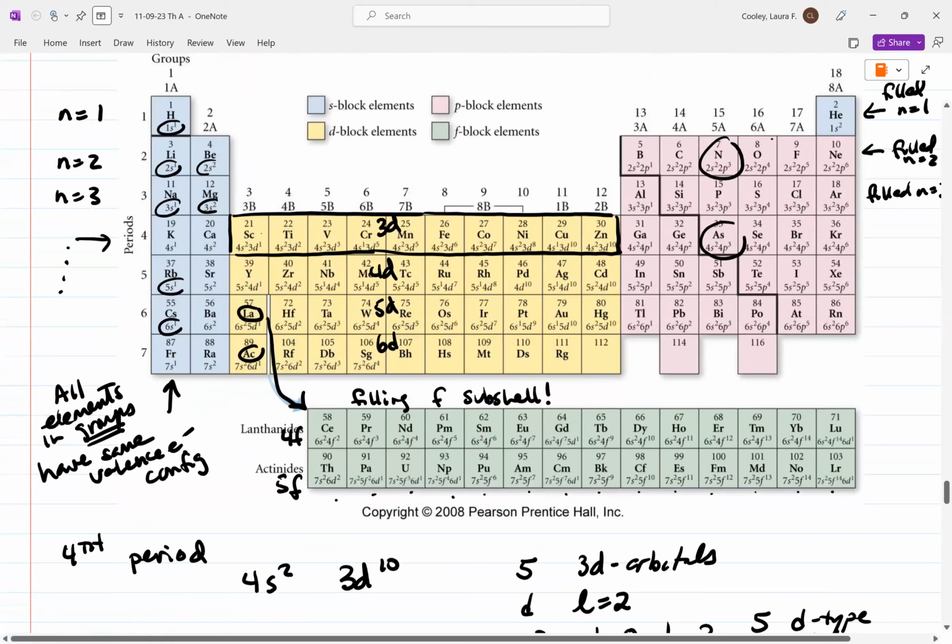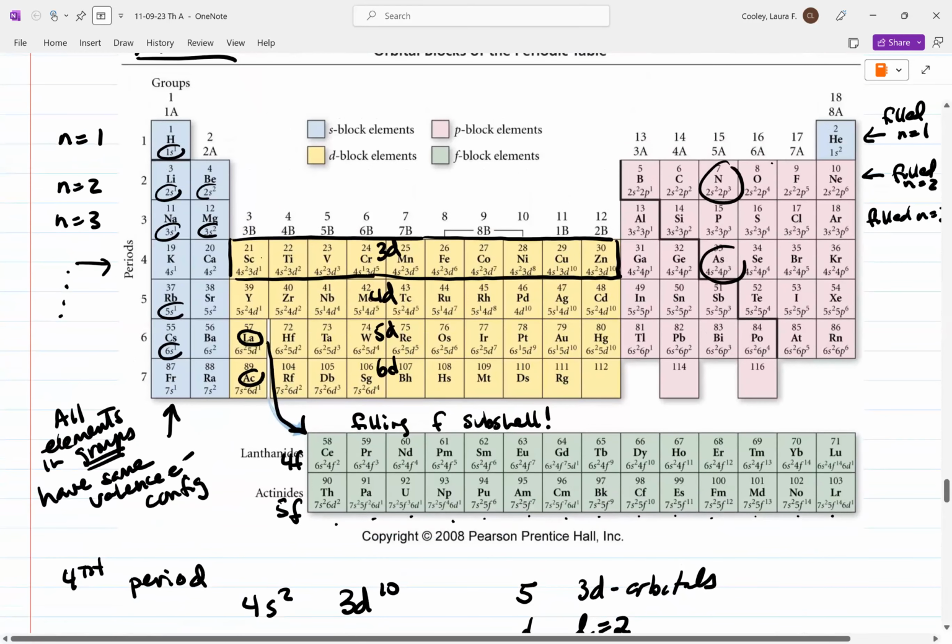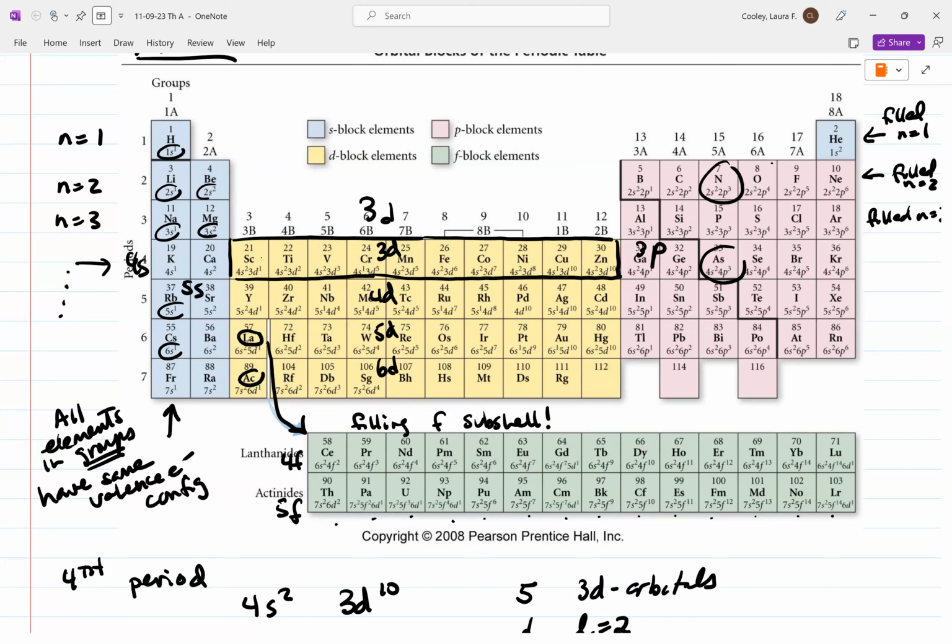So as you go across each period, you're starting with a new shell, you're ending with that shell. You do make some detours. You do have to go from 4s to 3d and then back. So this is 4s, this is 3d, and then back to 3p. Here you're filling the 5s, the 4d, the 5p.